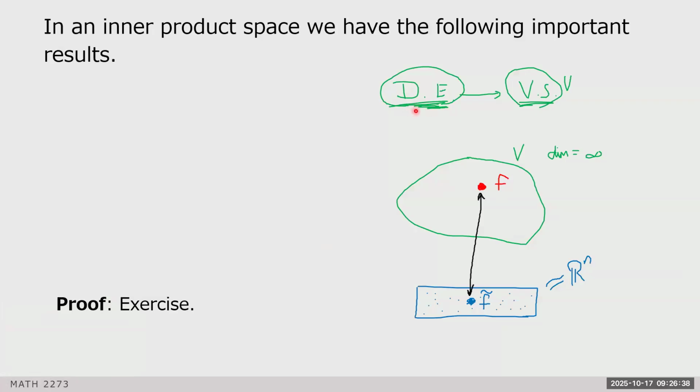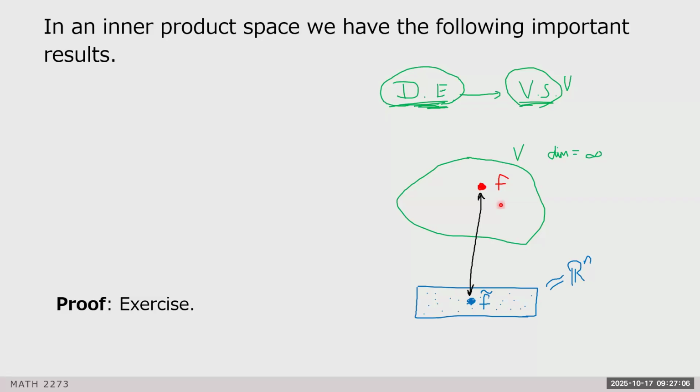But remember, a computer cannot handle infinite dimensional spaces because a computer only has finite memory, right? So if you want to build this function, you need to express it in terms of something finite. There are many numerical methods that construct finite dimensional approximations to these things.